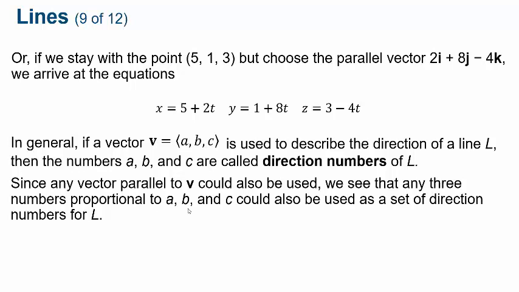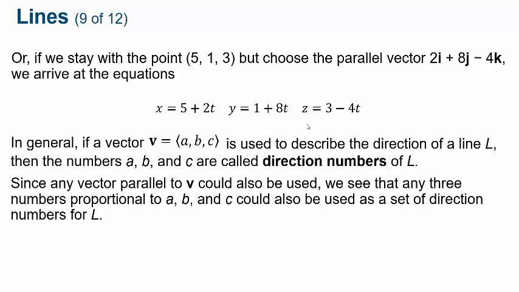Next, if we stay at the point 5, 1, 3, but choose the parallel vector 2i plus 8j minus 4k, we arrive at these equations right here: x is 5 plus 2t, y is equal to 1 plus 8t, and z is equal to 3 minus 4t.